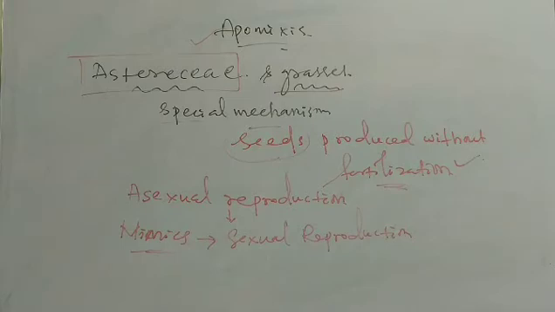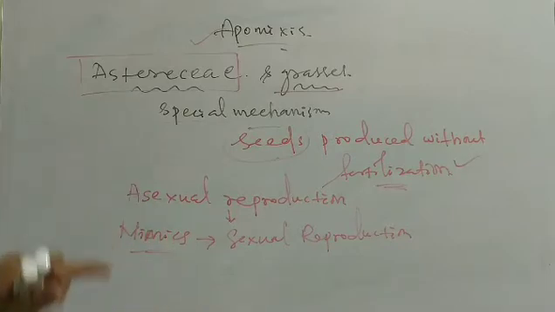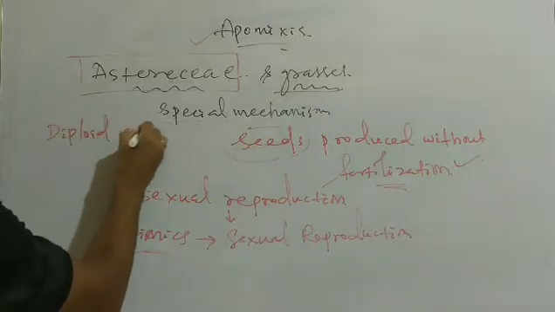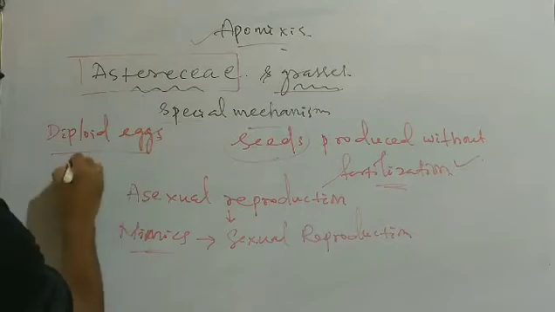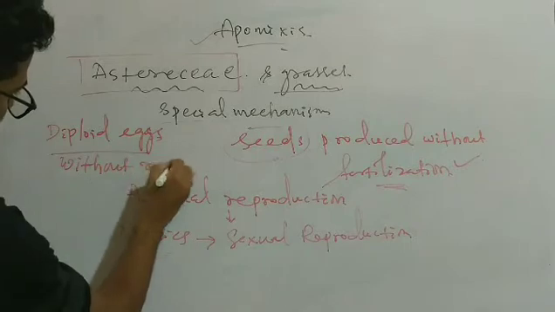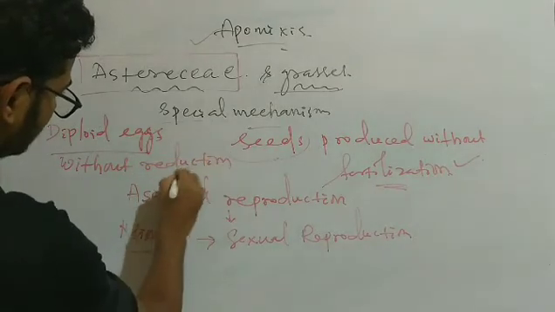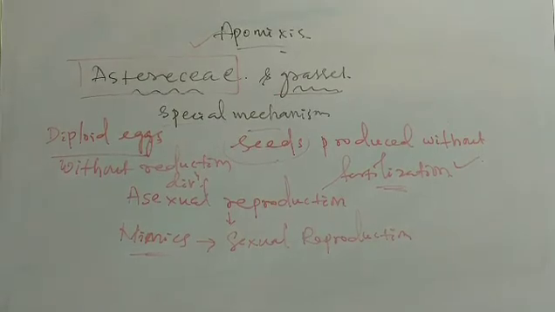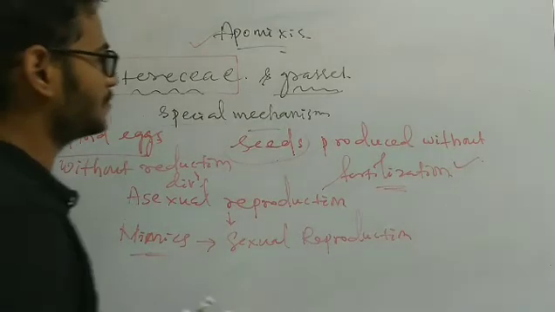Apomixis: diploid egg cells are formed without reduction division, which means without meiosis. So this is the formation of an embryo without fertilization.